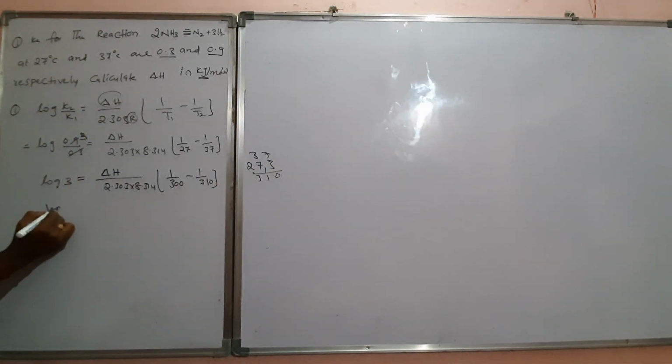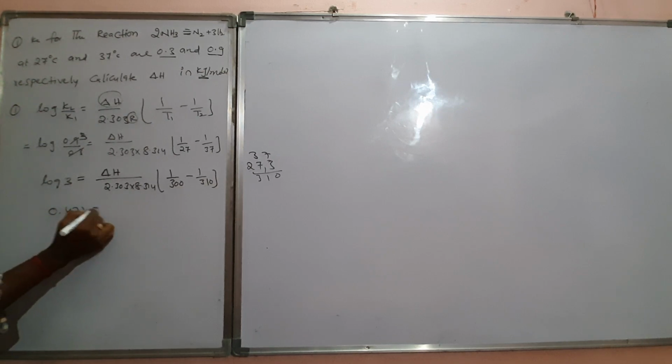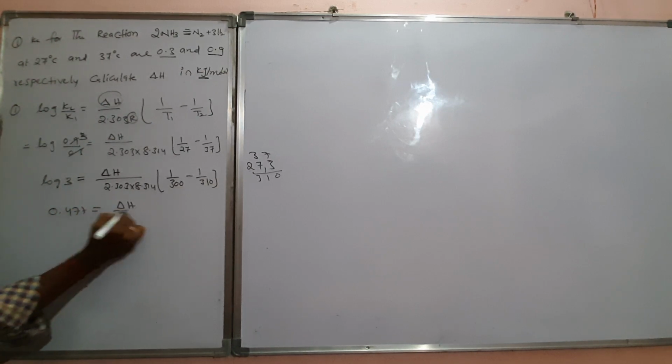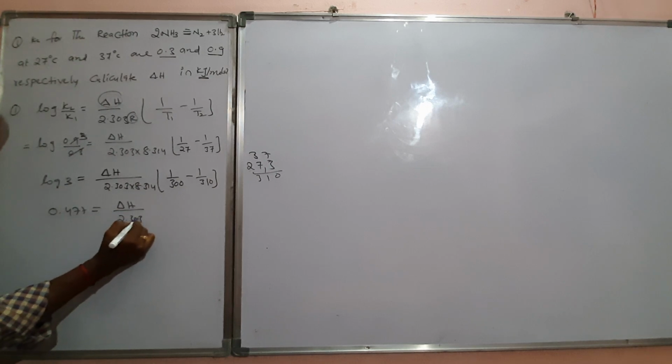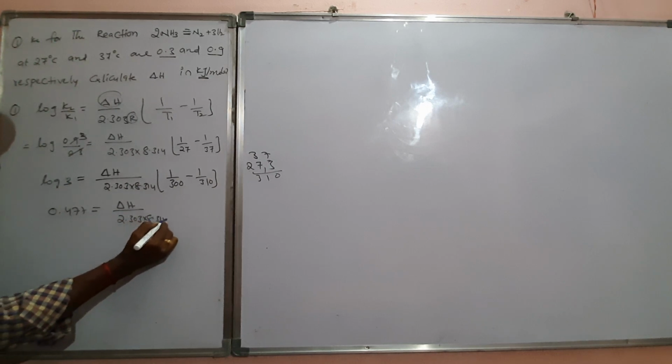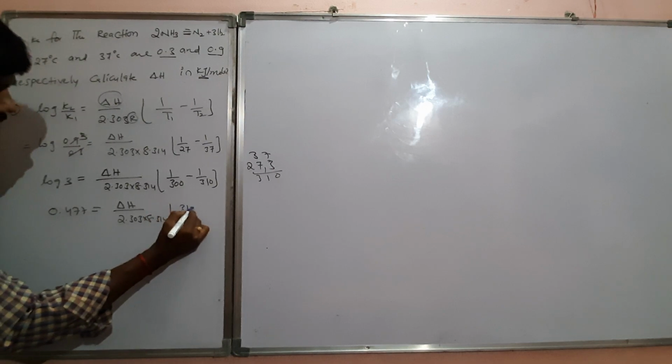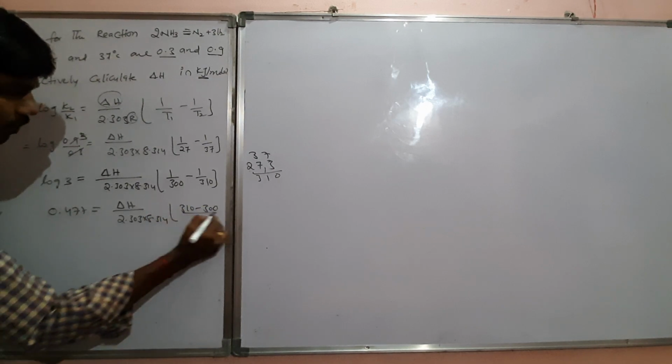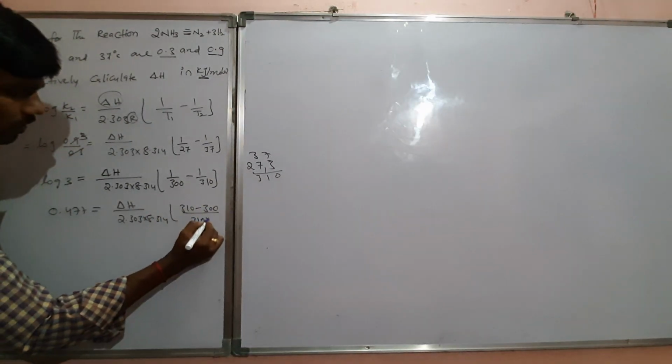So log 3, which is 0.477, is equal to delta H upon 2.303 into 8.314, into 310 minus 300 upon 310 into 300.